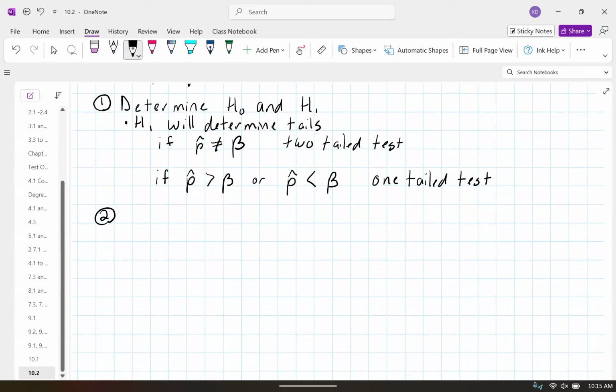Next thing is we select level of significance. And this is our alpha level, which is why I didn't want to use alpha before. Most of the time in our class, we're going to choose an alpha of 0.05.